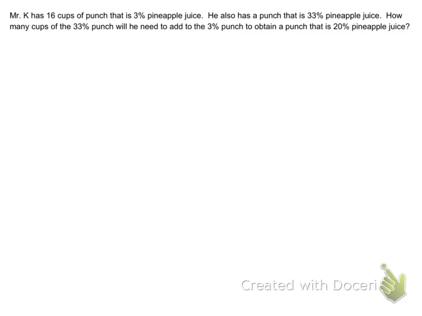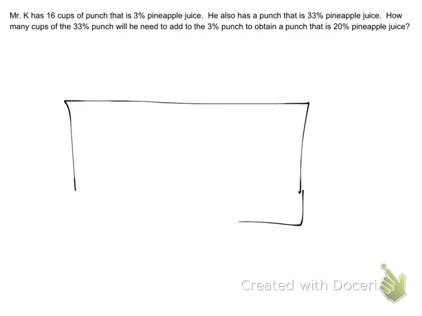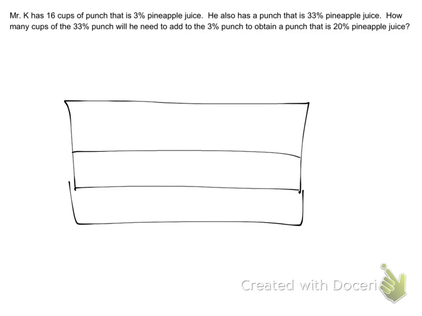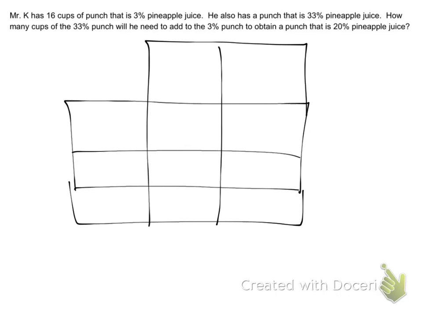So I'm going to make a table. And like I was saying earlier, our table only has 3 columns this time. Because the percentage itself is going to be a label, but I also know in my mind that 3% as a decimal is 0.03. 33% is 0.33.